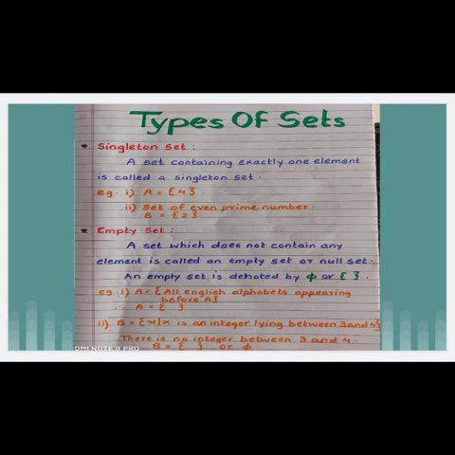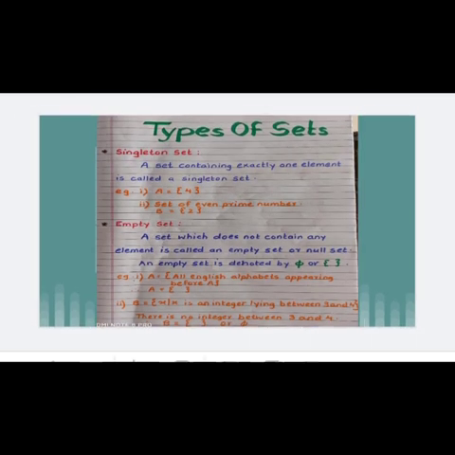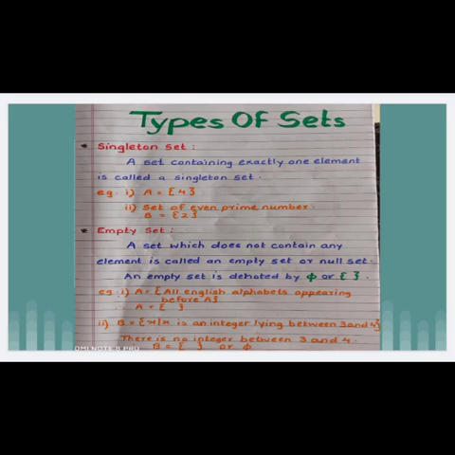Example, all English alphabets appearing before A. There is no single alphabet before A. Hence, we show set A by curly brackets.